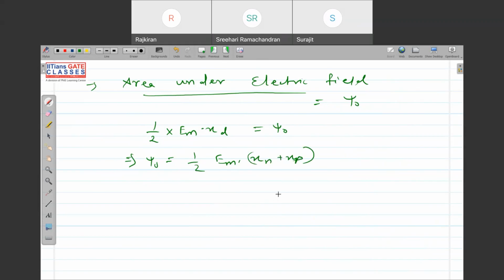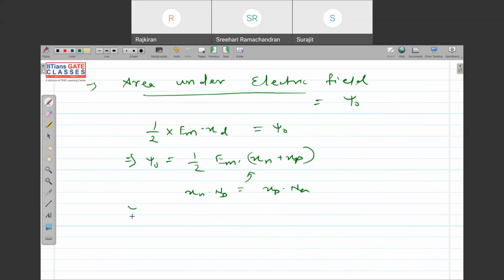Clear? Today at least we'll try to complete the equilibrium. Also we know one thing, because of the charge equality, xn into Nd equals xp into Na. We'll put this in the above equation.